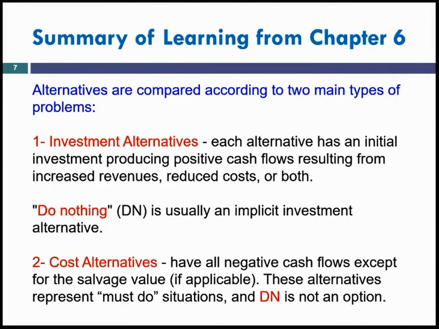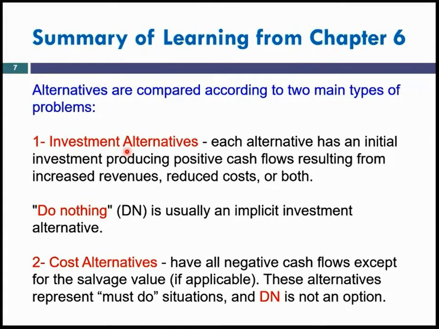In the following, I'm going to summarize what we learned in this chapter on comparing alternatives with each other. So this chapter was about comparing more than one project alternative with each other. We first learned that there are either investment alternatives or cost alternatives.